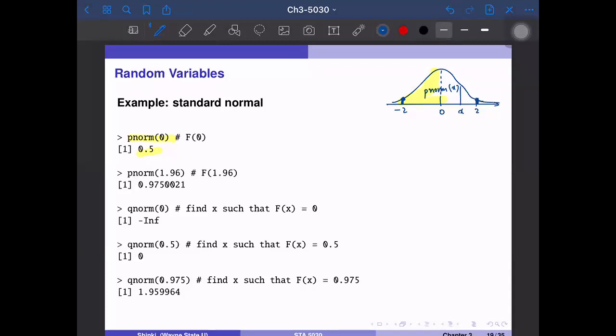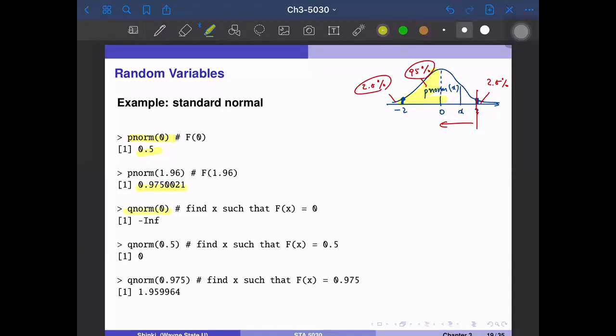So you have studied that this area 2.5% and this area 2.5%, and the center is 95%. So that means below 2 we have 2.5 plus 95, so 97.5% we should have, and actually 0.975.